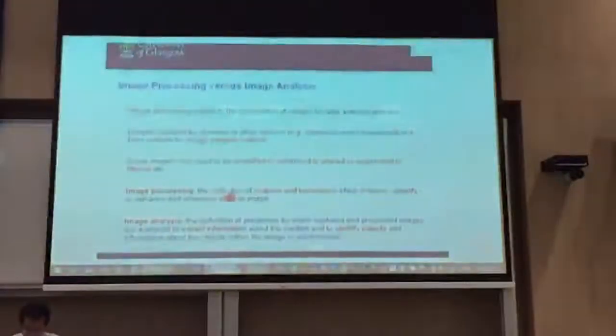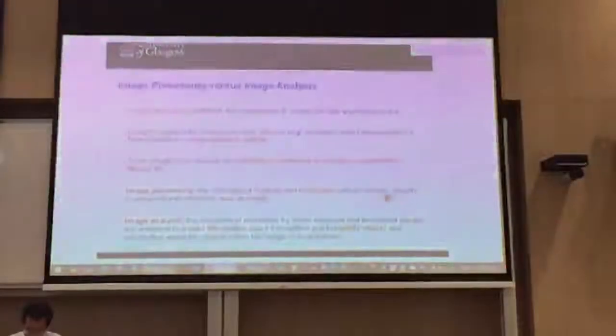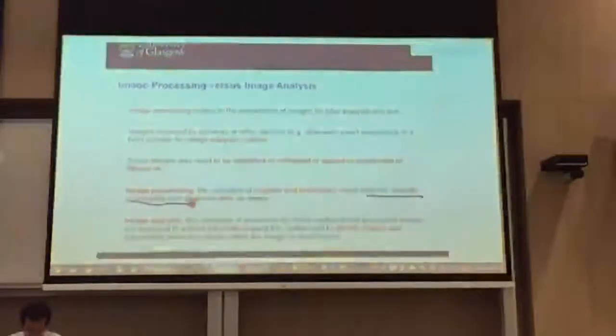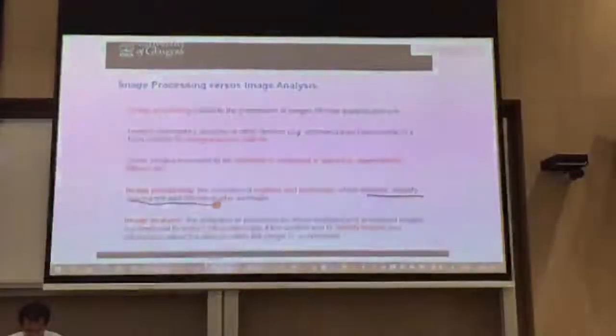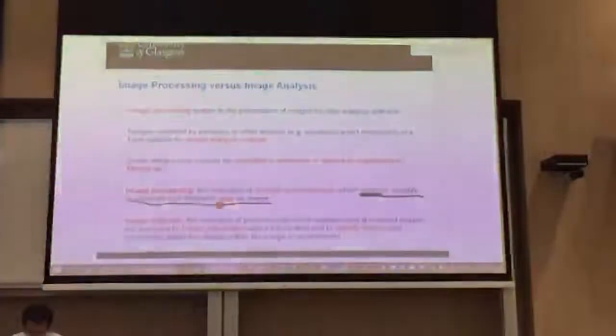So the formal definition is that there's a collection of routines and techniques to improve, simplify, or enhance, and otherwise alter an image. So you can see these are the keywords.